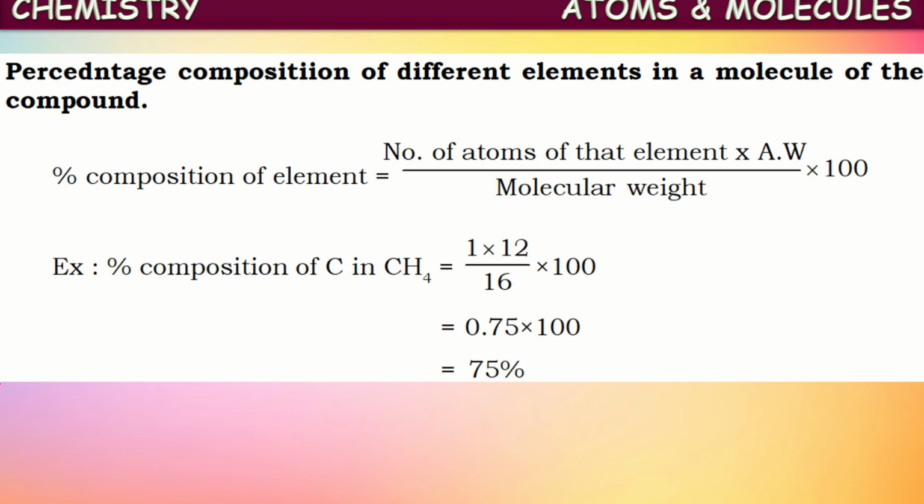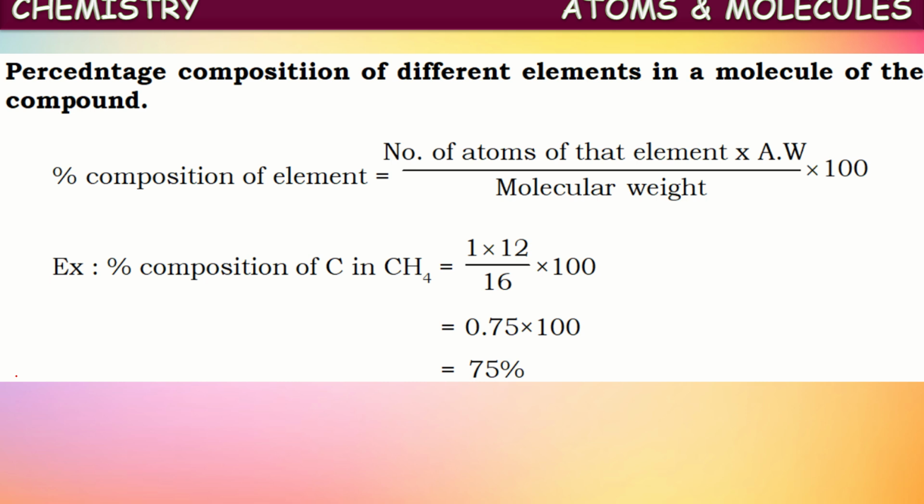Now next heading, percentage composition of different elements in a molecule of the compound. Generally this percentage composition is helpful to find out what amount of each and every element is present within a molecule of the particular compound.